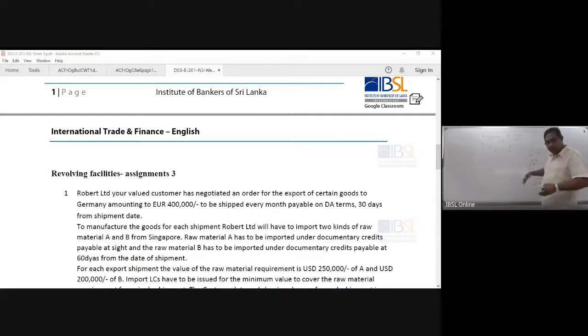Why? You are creating money in July by purchasing export bills. So from March to July, you have to count March also, because March has a clearance. March, April, May, June, 4 months. And in July, proceeds are coming.